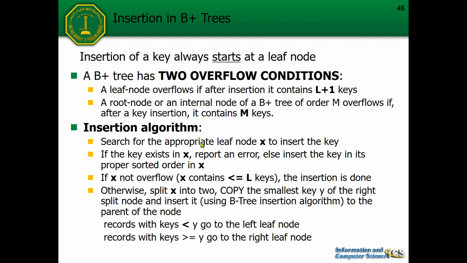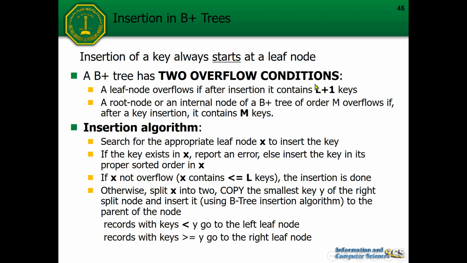In the B plus tree, because we have a special structure for the leaf and another structure for the root and the internal nodes, there can be two overflow conditions. The first one is the overflow that happens in the leaf node. That happens when after we insert a key, the leaf node contains L plus 1 keys.